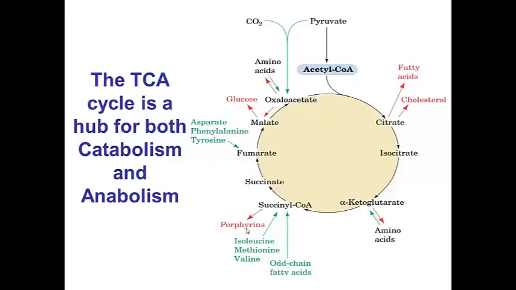So regulation of the TCA cycle is really important because it can help to determine whether we have enough energy and should send these intermediates towards the biosynthetic pathways shown in red, or towards the energy making pathways, so the catabolic pathways shown in green.